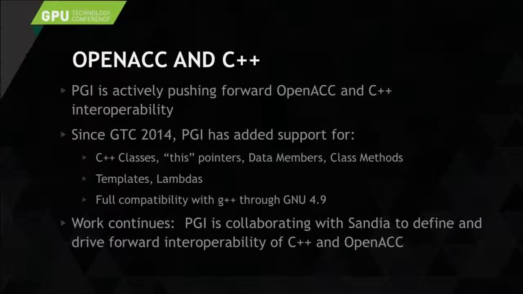First off, the this pointer. That turned out to be the biggest key to C++. That now enables you to access data members. Before, you would have to do a pointer to your data members and then use those in an OpenACC region, because there's an implicit this pointer on all your data. It allows access to all your methods. There's also some other concepts, routine in OpenACC, which I'll get to in a minute.